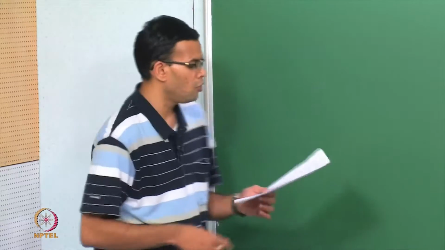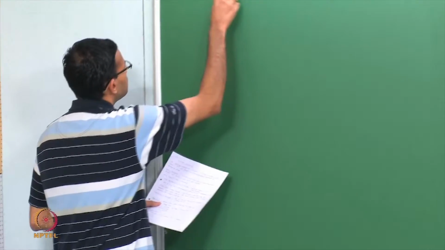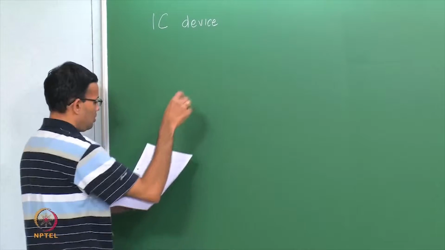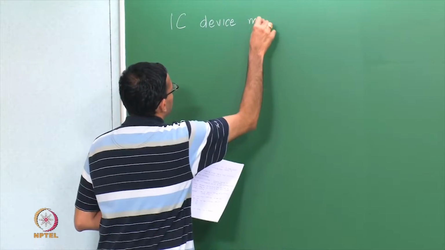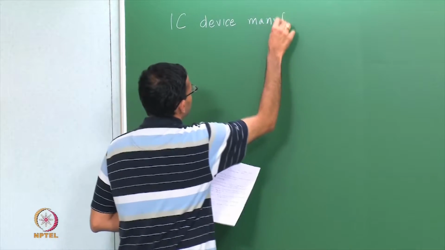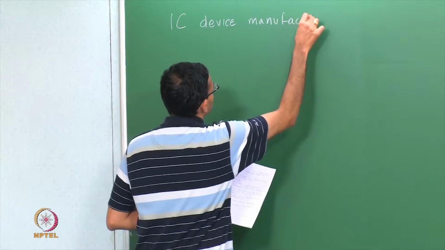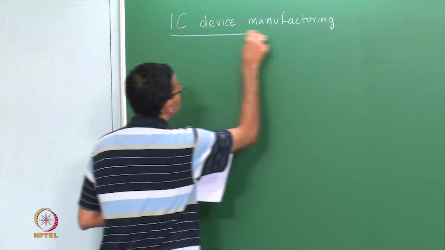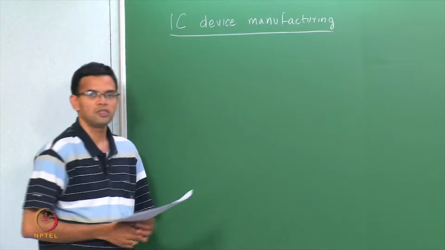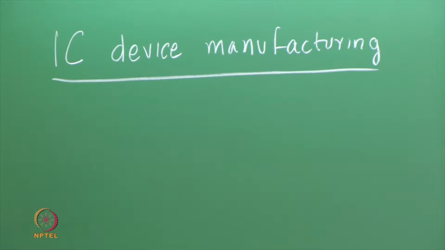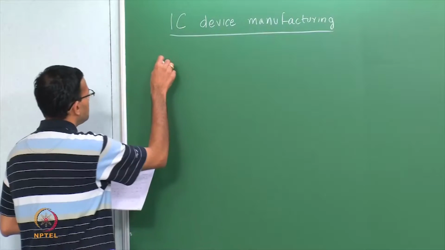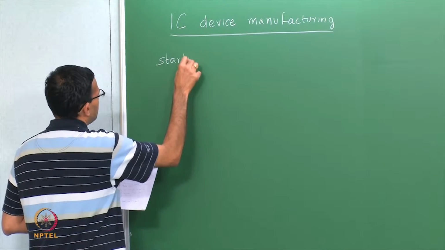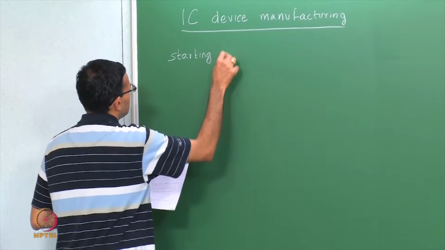Today we are going to look at an overview on IC device manufacturing or IC device patterning. So, the starting material for the IC device manufacturing is the silicon wafer, which is what we ended up with last class.